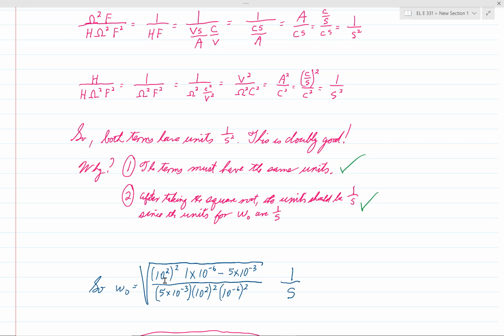And now we will go ahead and do what I was talking about earlier. We can take all the constants, we can erase all those constants inside now because we know that works out to be just 1 over seconds.